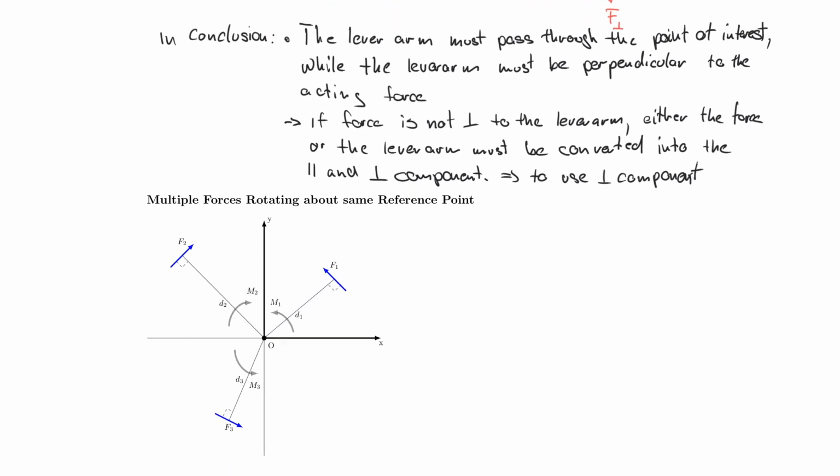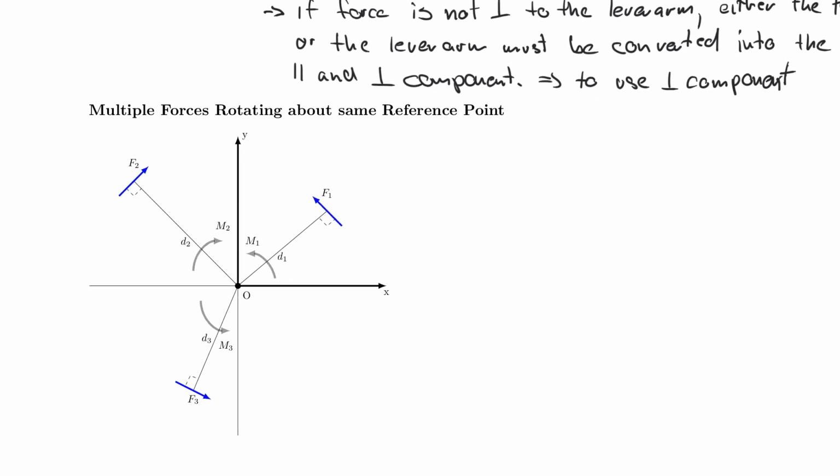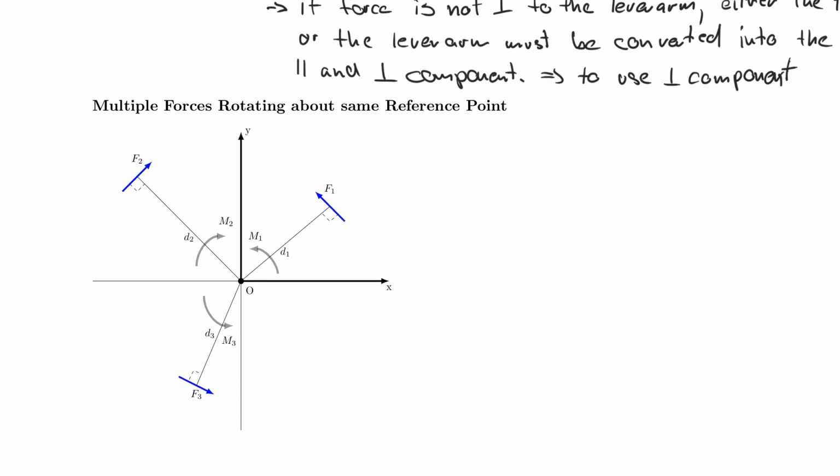Now let's talk about the multiple forces. What you see here now is a two-dimensional coordinate system, x and y, with three forces that all rotate about a specific point. You can already tell that F1 rotates from positive x to positive y. Therefore, it's turning counterclockwise.